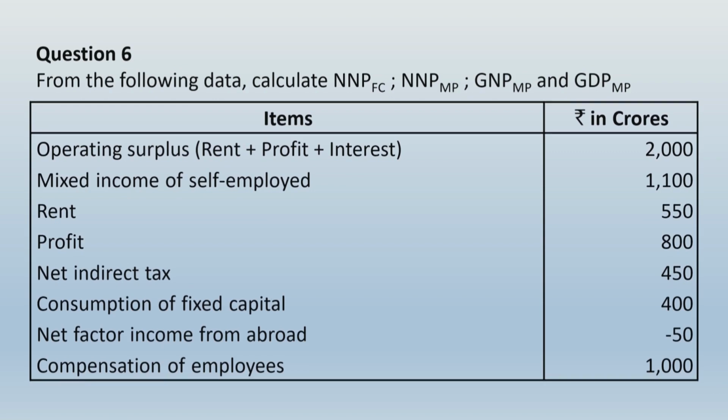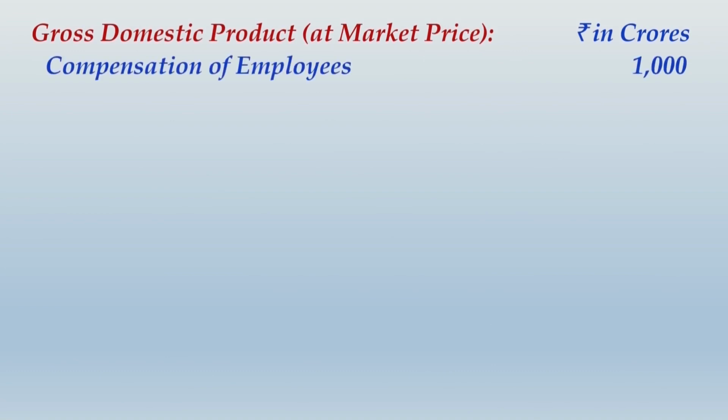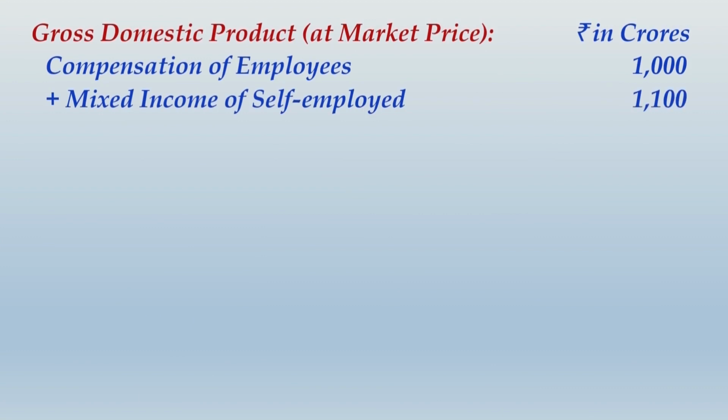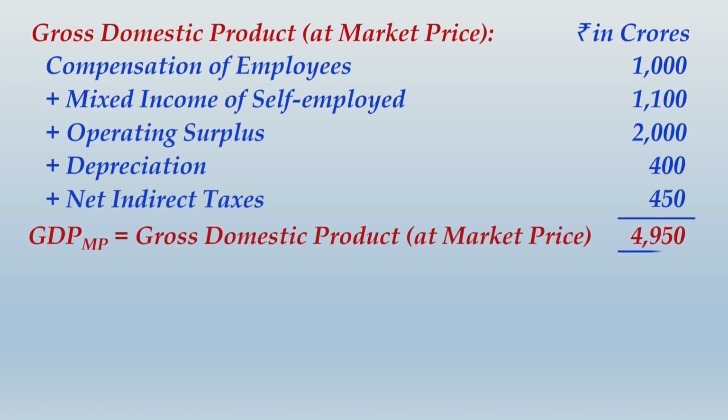Alright friends, I think I have given you enough time and opportunity to try out these calculations. So let us see what your answers will be. Gross domestic product at market price, if we want to compute, we can start with the compensation of employees, add mixed income of self-employed, add operating surplus, add depreciation and net indirect taxes, and we get GDP at market price as 4950.